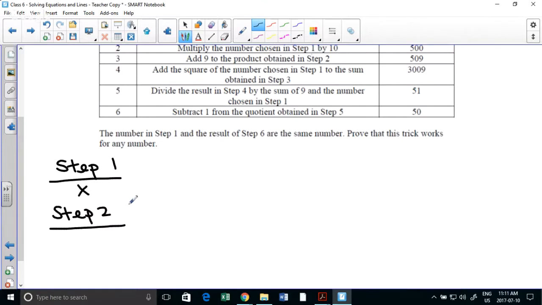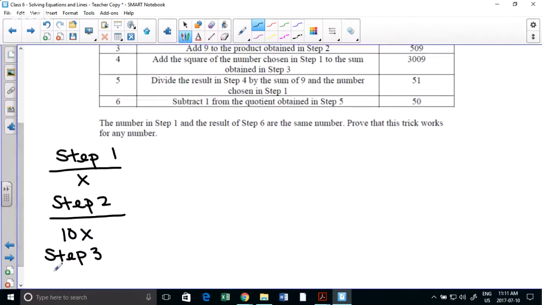Step two, multiply the chosen number by 10. Step three, add 9 to this product. So we have 10x plus 9. Step four says add the square of the number in step one. So the square of step one, add this to your step three.